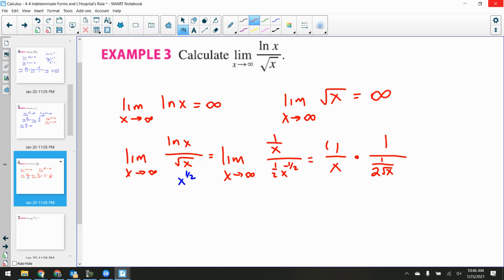Isn't this 1 over x divided by 1 over... oh, I just wrote the same thing. So the one on top is the keep change flip thing? Keep, change, flip. Yeah, so it should be 2 times the square root of x over 1, right?